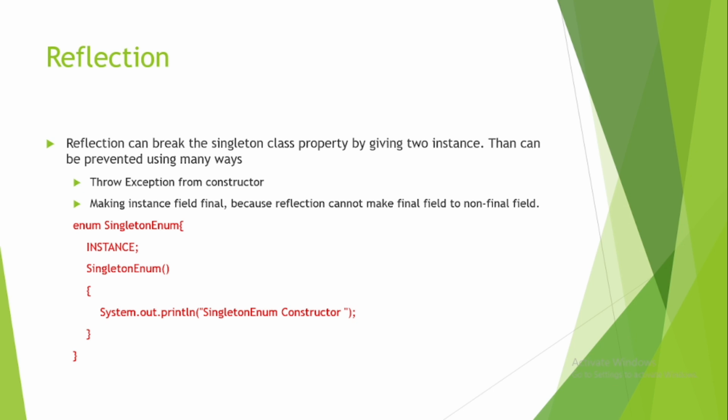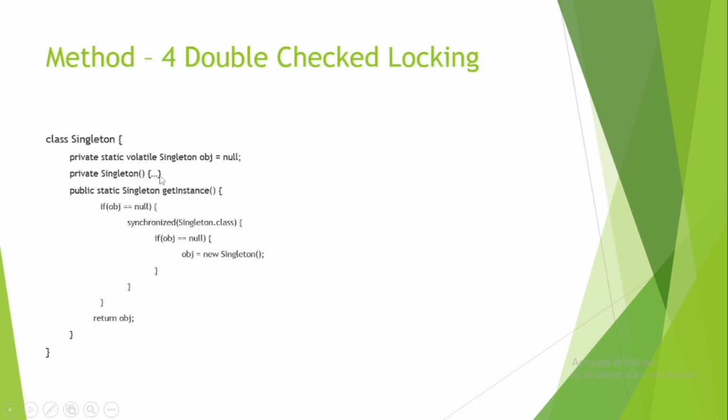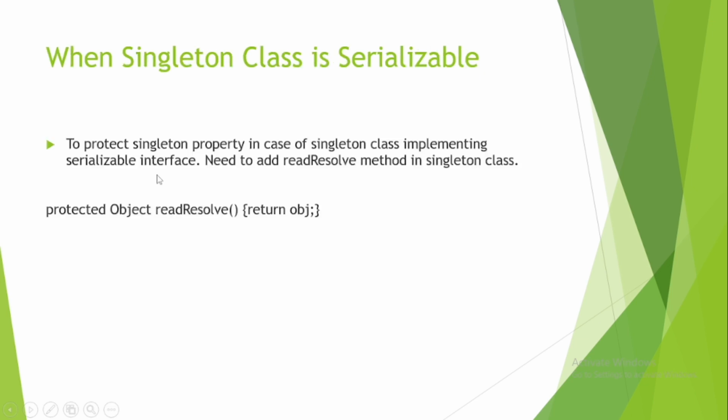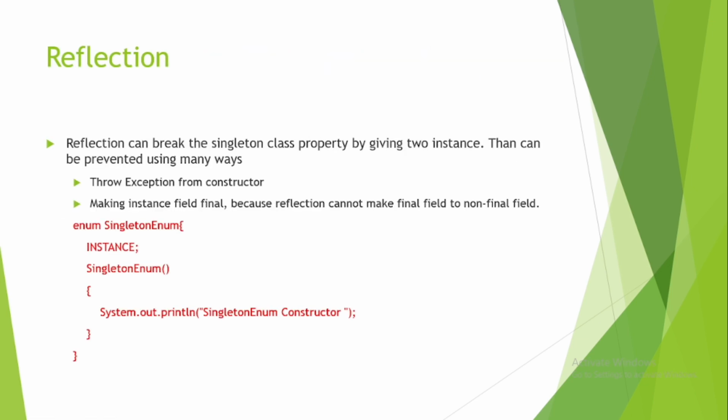So how will you stop reflection from getting a different object? There are multiple ways. For example, if I am throwing some exception in the constructor, then reflection will not be able to break the property of the singleton class.